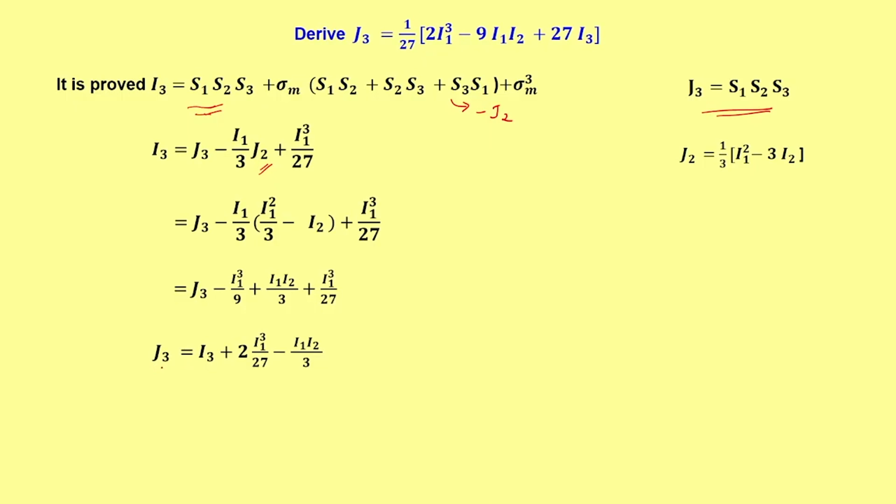So, that will give J3 minus I1 cube by 9 plus I1 I2 by 3 plus I1 cube by 27. So, if you rearrange, J3 is equal to I3 plus, we simplify this and this, that will give 2 I1 cube by 27 minus I1 I2 by 3.